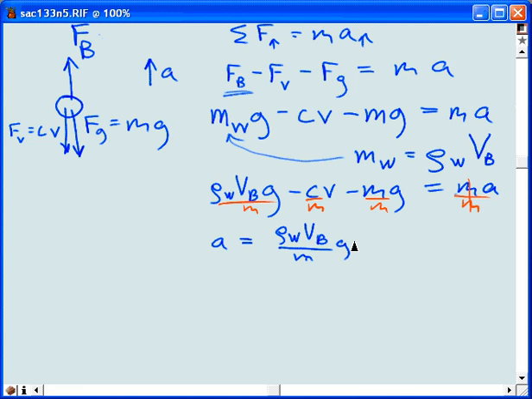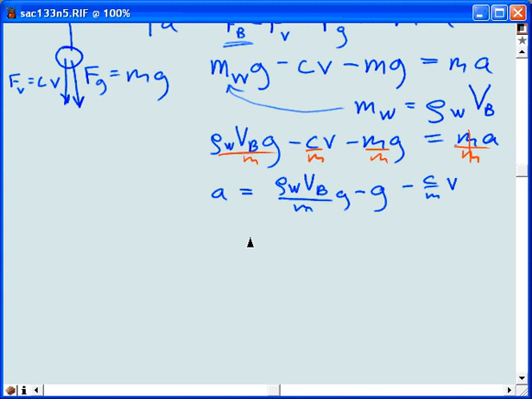Then I'm going to write the last term, minus g, and then minus c over m times v is this middle term. I'm going to factor out the g from these first two and write this as rho_w V_b.